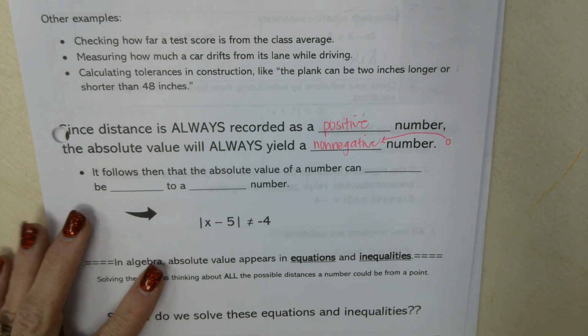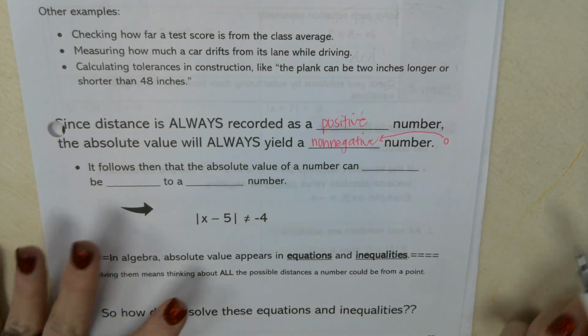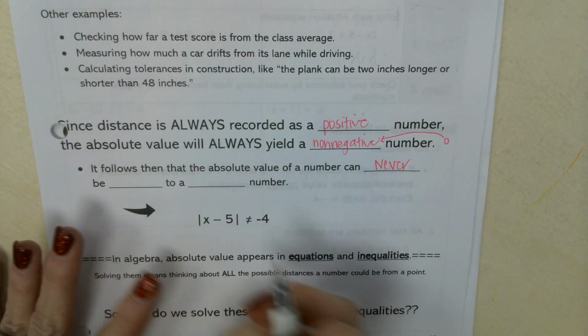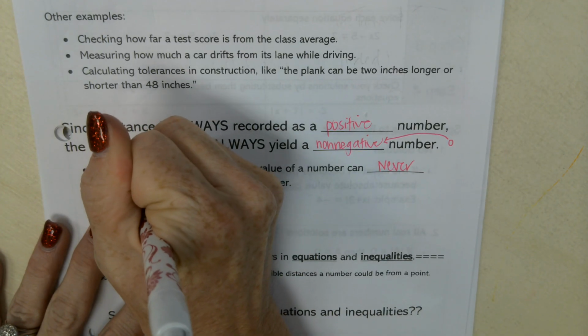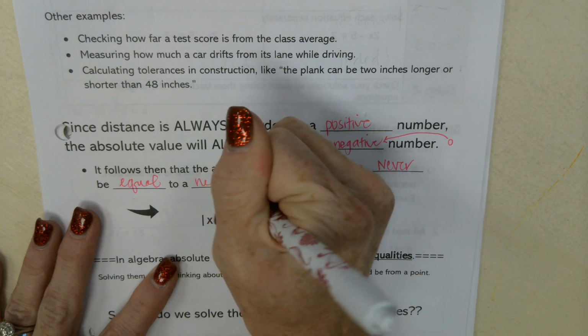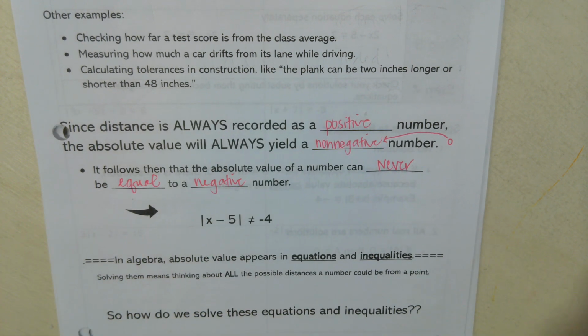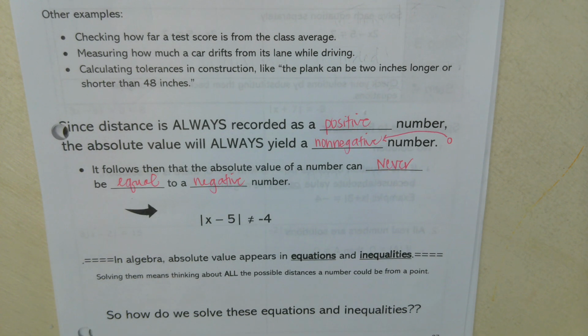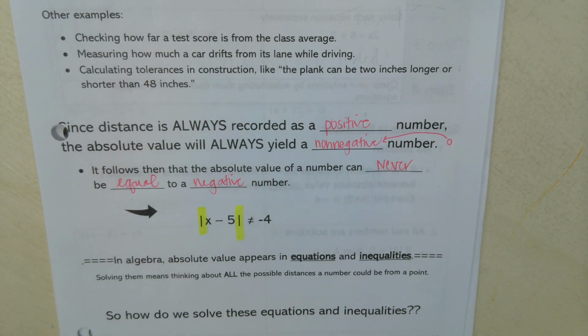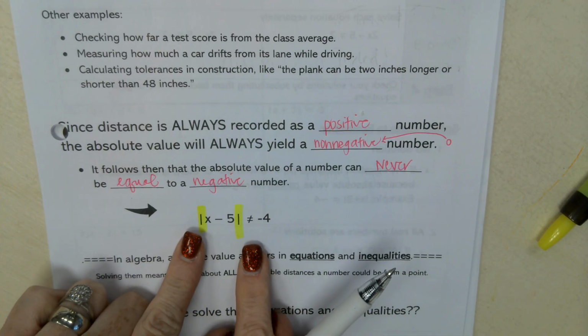All right, so it follows then that the absolute value of a number can never be equal to a negative number. So we will never have just flat out absolute value bars with stuff inside of it set equal to a negative number, okay? Here's my absolute value bars.